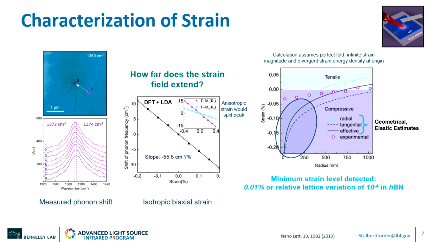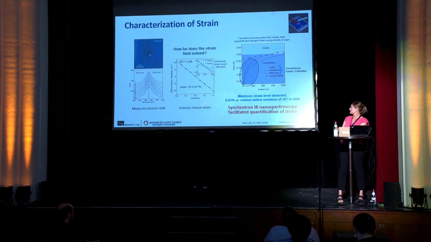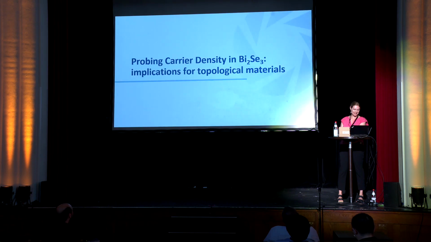So the combination of all of these results, it was determined that the minimum strain level detected with nanospectroscopy is 0.01%. Or to put it in terms of the material itself, that's a relative lattice variation of 10 to the minus 4. So this technique is incredibly sensitive for determining very, very small lattice strains. And so, yes, I just like to point out that our technique was able to facilitate this measurement.